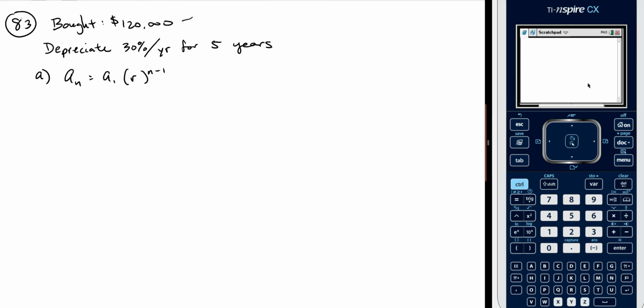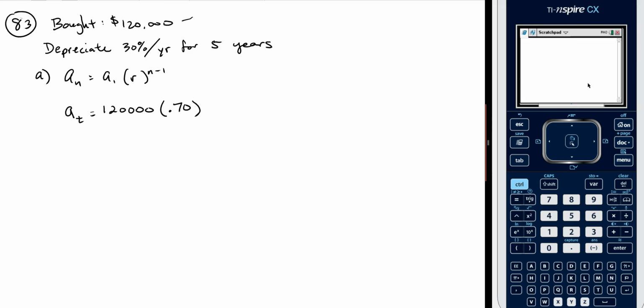So in our case, we're going to have AN, or AT for time, is equal to A1, that's our initial value, which is $120,000, times our rate. So if we're depreciating at 30% per year, we're retaining 70% every year.